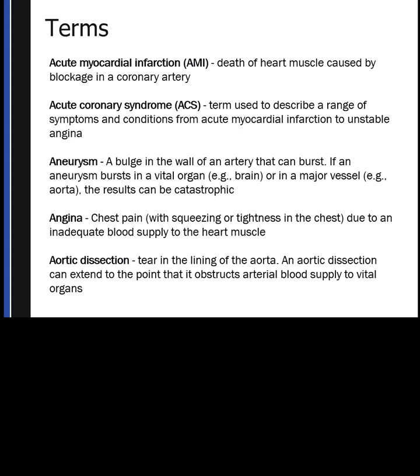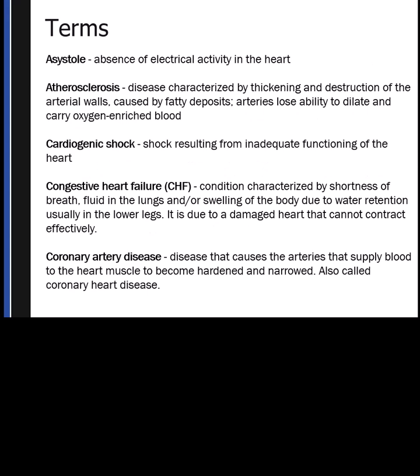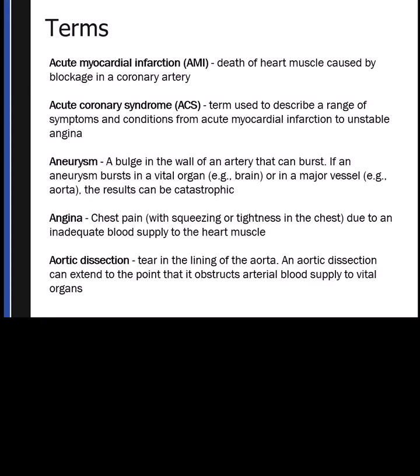All right. Thank you. So, any questions on these words? A triple A, which is an abdominal aortic aneurysm. Remember, the aorta comes up this way and goes down behind the heart in the chest.